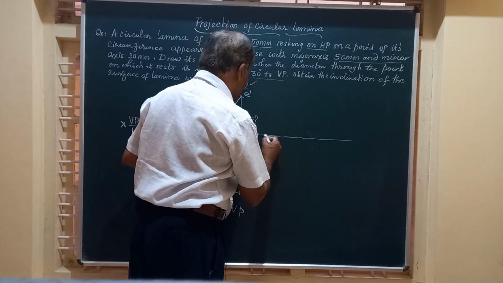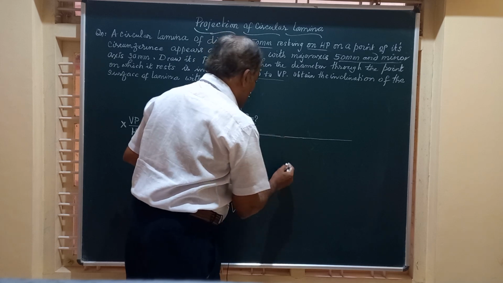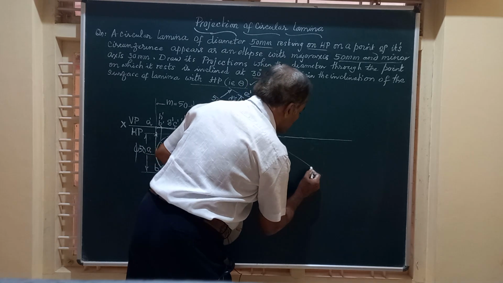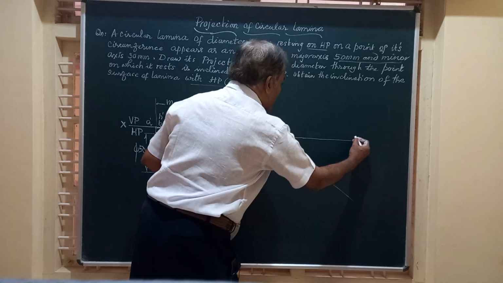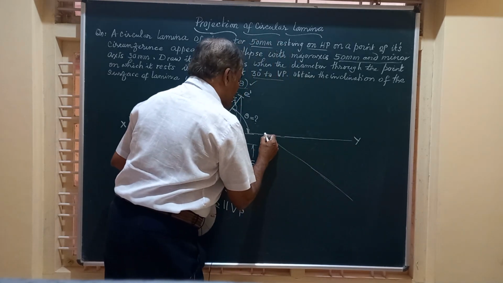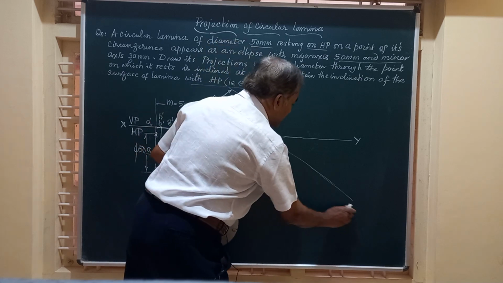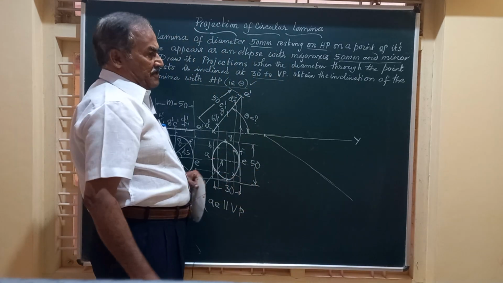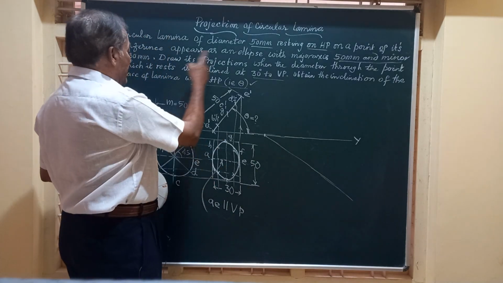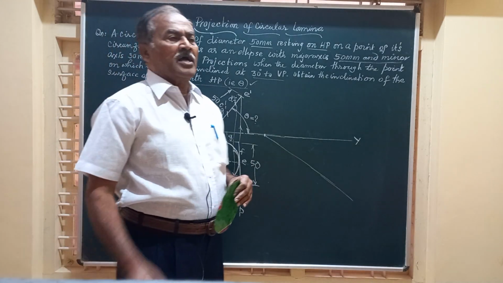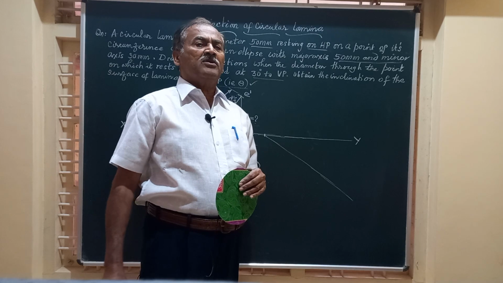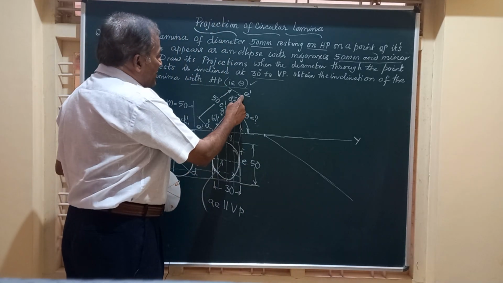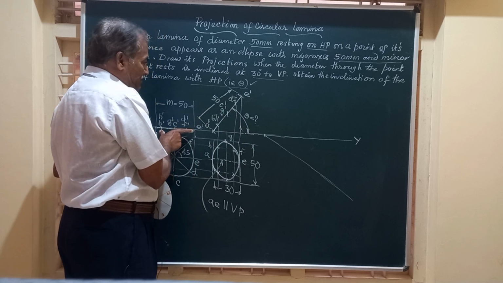to VP. So friends, I am going to draw a line here at any point on this XY line, say from this point, and on this the edge AE should lie. He says the diameter is inclined, and there is a very important concept you should see here, friends. The original length of AE was 50 mm.